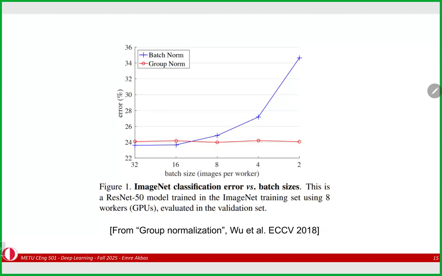But with something called group normalization, which we will see, it is stable. So obviously, batch norm depends on the batch size.